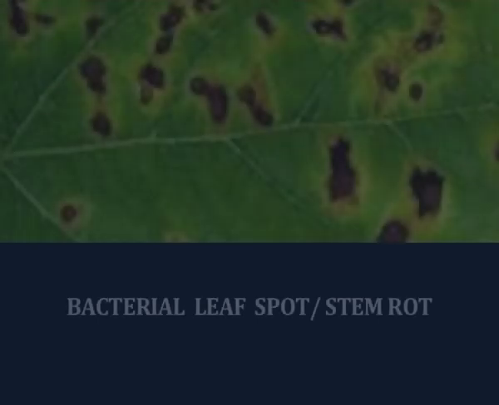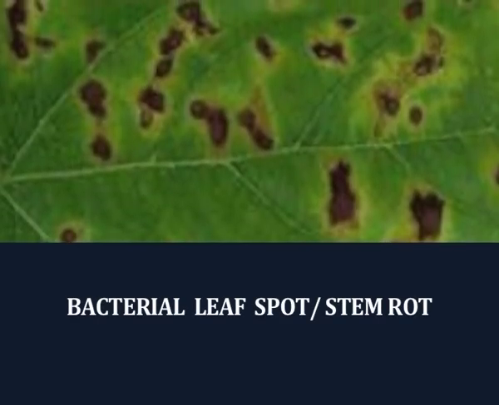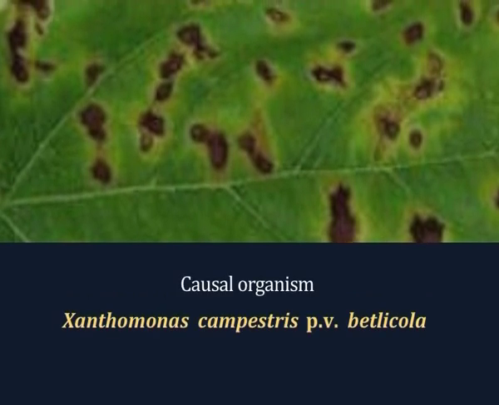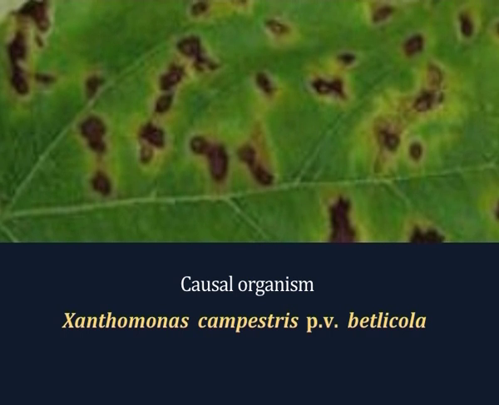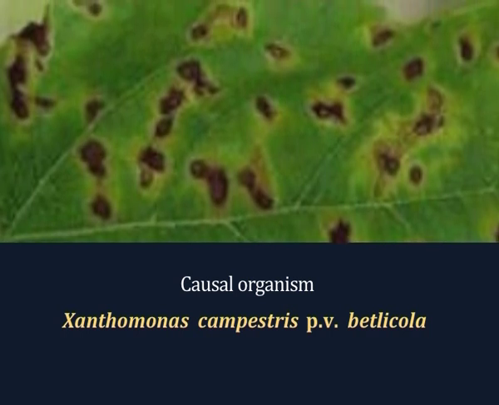Next disease is the bacterial leaf spot or stem rot. Causal organism of the disease is Xanthomonas campestris pathovar betle. Now coming to the symptoms of the disease. Symptoms appear on leaves and stem of betel vine during wet weather.